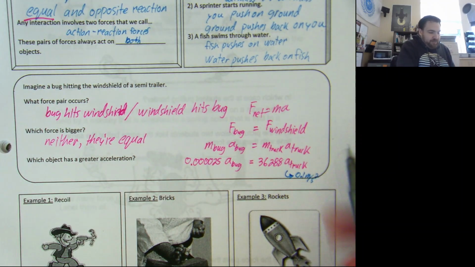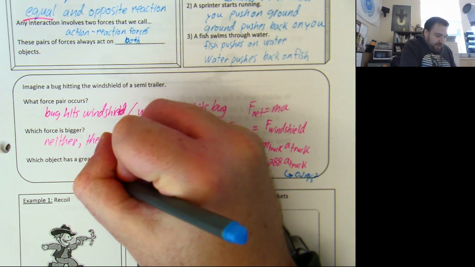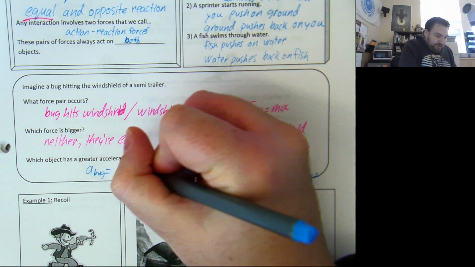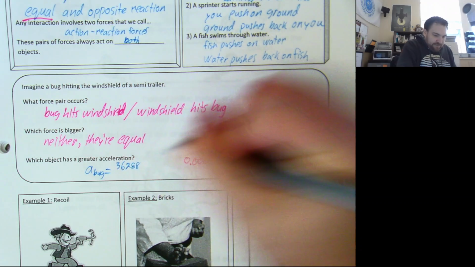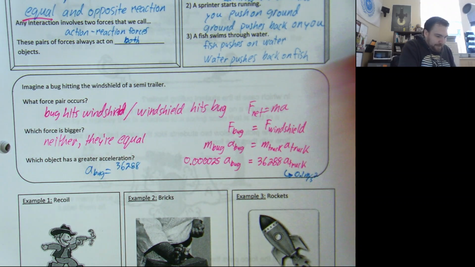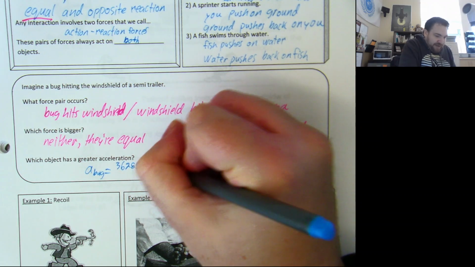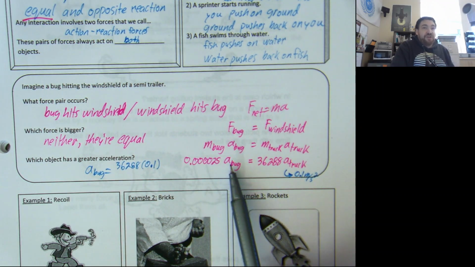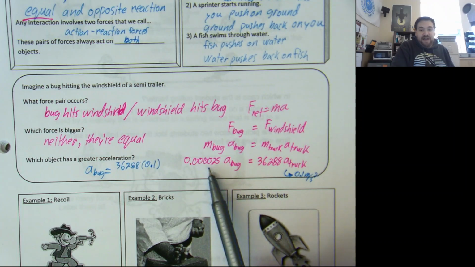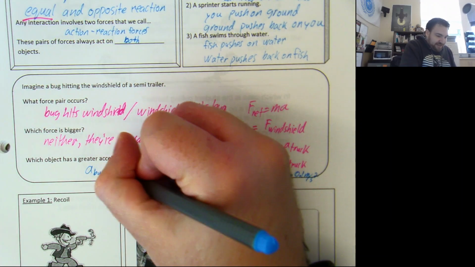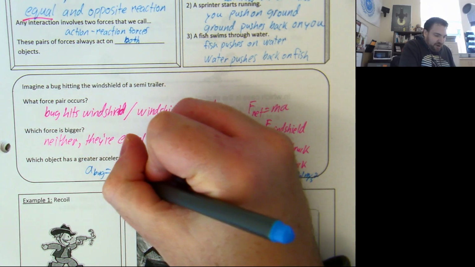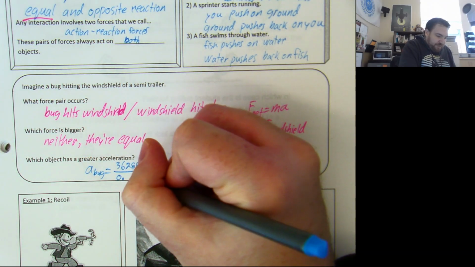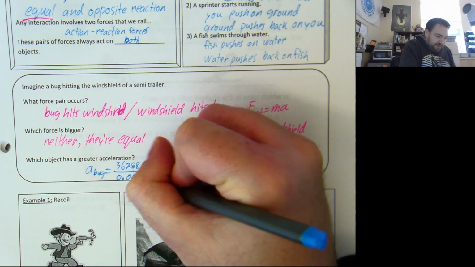If this is 0.1, the acceleration on the bug is going to equal 36,288 times 0.1. And now to solve for the acceleration on the bug, we're going to divide by the mass of the bug to isolate for it. So I'm going to divide by the mass of a mosquito, which was 0.25 grams, 0.0000025 kilograms.